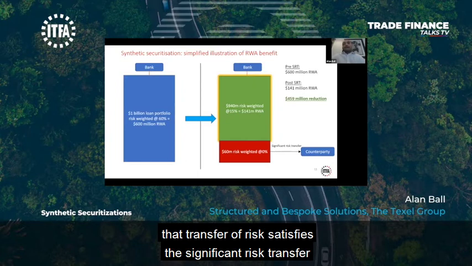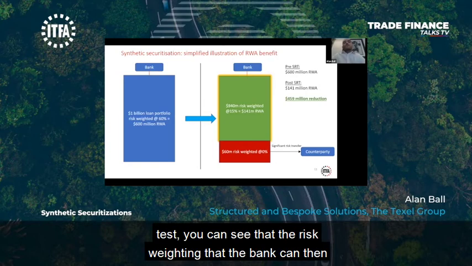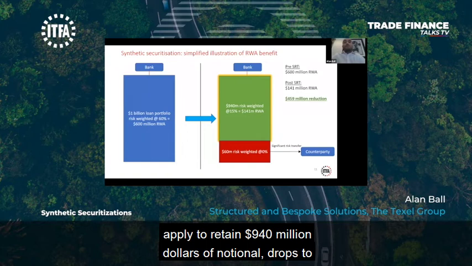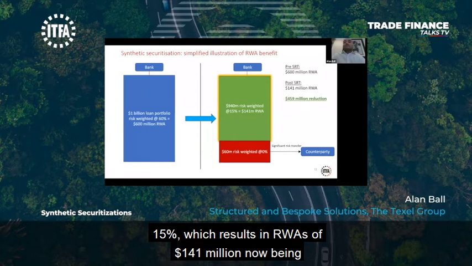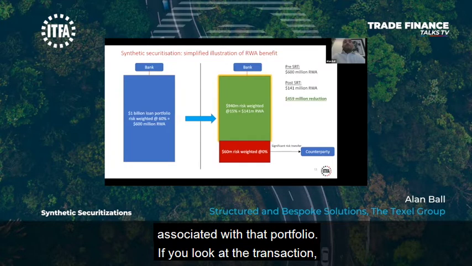If that transfer of risk satisfies the significant risk transfer test, you can see that the risk weighting that the bank can then apply to the retained $940 million of notional drops to 15%, which results in RWAs of 141 million now being associated with that portfolio.